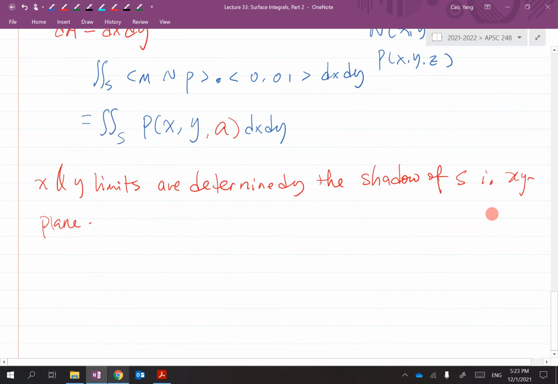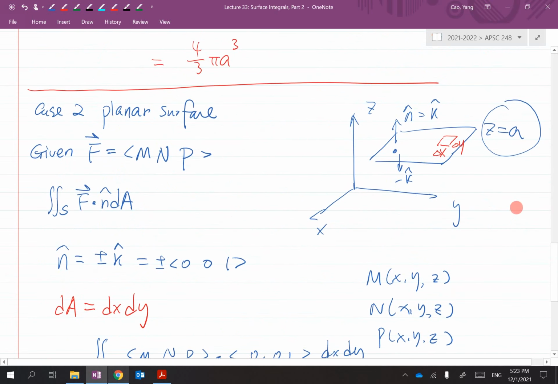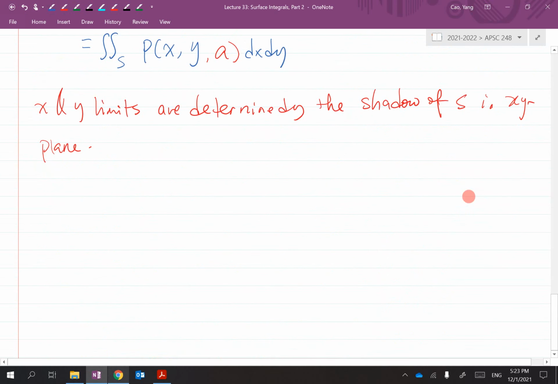Let's take a look at a different planar surface. This is the planar surface when z equal to a. How about a different surface? Let's say x equal to b.